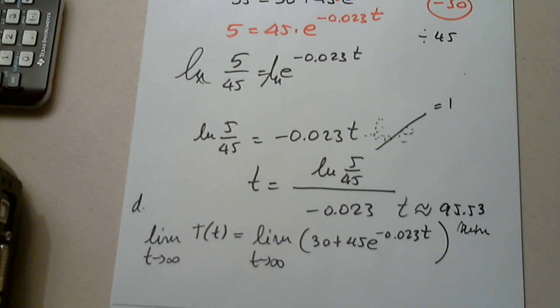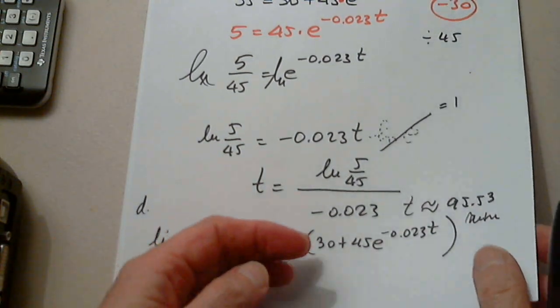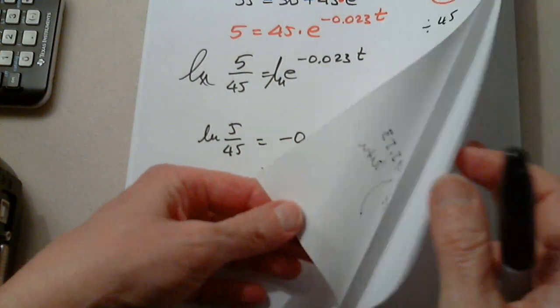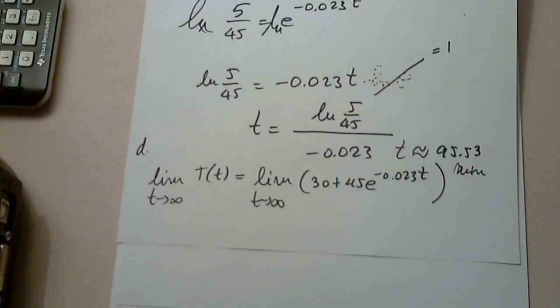Okay. What do we do when we're asked to find the limit? What is the first thing we need to do when we are asked to find the limit? In all cases, what did we do? Always. First step.